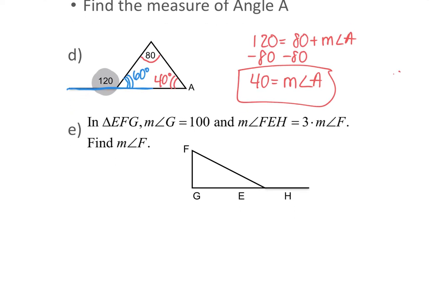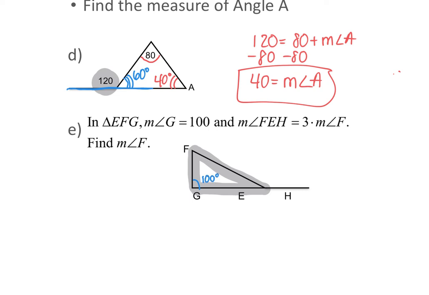So in EFG, that's this triangle that I'll highlight for you guys, the measure of angle G, that's this one, is 100 degrees.